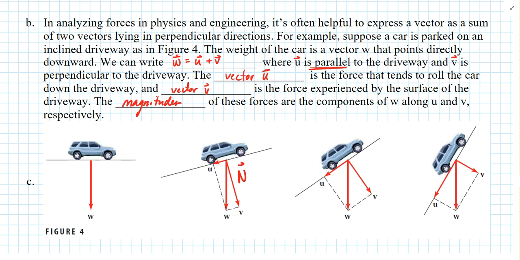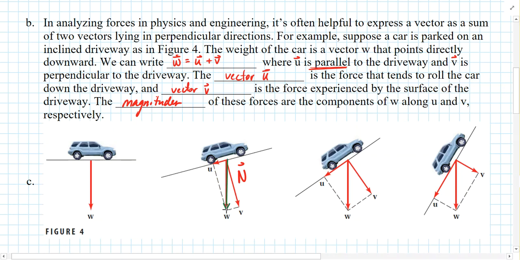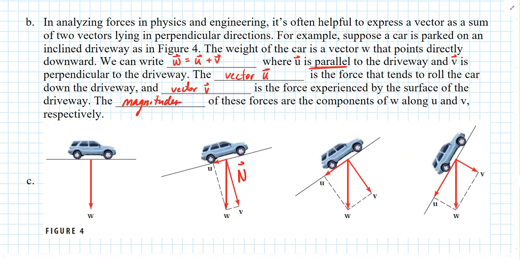So if I were to project W in the direction of V, let me use a different color here to make that stand out. If I was going to project W in the direction of U, or if I was to project W in the direction of V, those are the components that we were just addressing a moment ago using that work formula and the dot product.